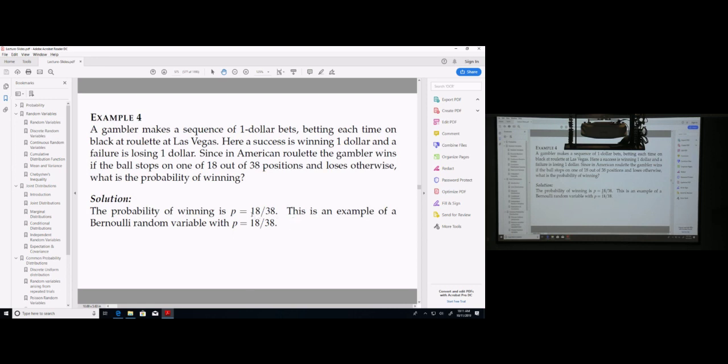If you pay $1, you will gain $1 with probability 18/38, but you will lose $1 with probability 20/38. So for each game that you play in a roulette, you will have -2/38. So it's about -2/40, which is 1/20, so about 5 cents per game.